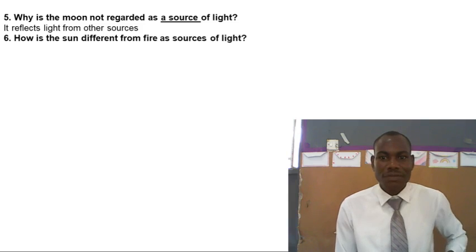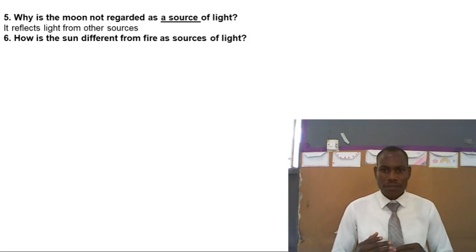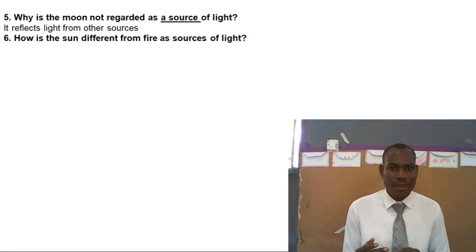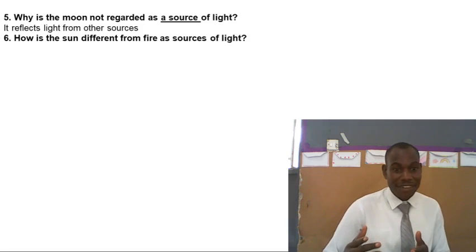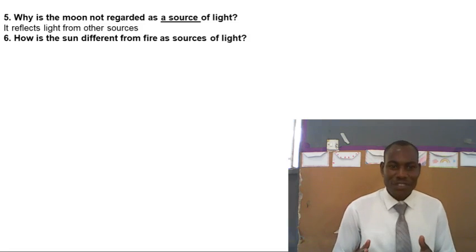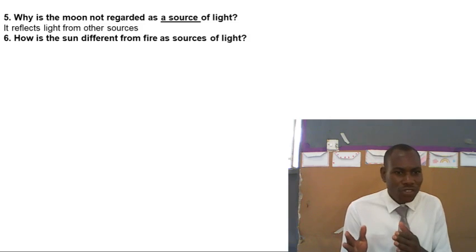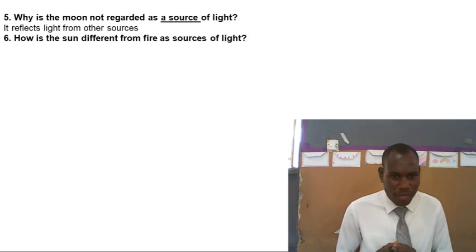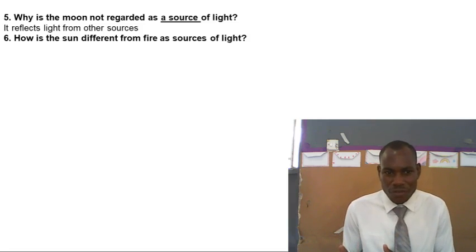Are we together, candidates? Let's look at number 6. How is the sun different from fire as sources of light? When we look at the sun and then we also look at fire, which difference do you get? Let us look at the sun: is it natural or artificial? And let us also look at fire: is it a natural or artificial source of light?